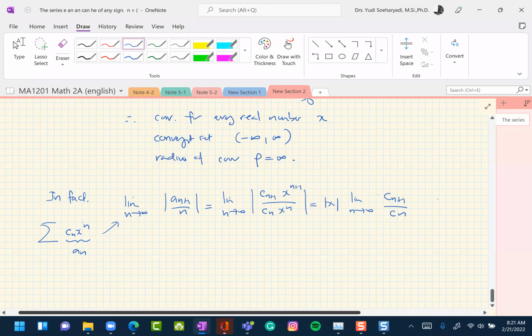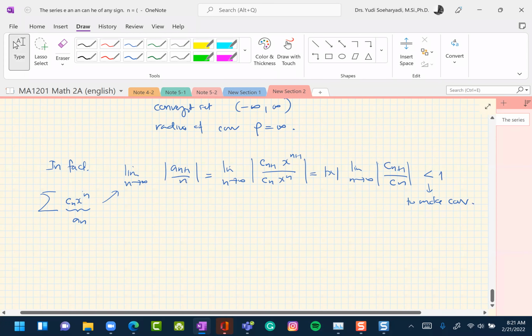Assuming this is positive, or you can take this one, it doesn't matter. You want to make this limit less than one to make it convergent. If you solve this, x should be less than 1 over the limit.